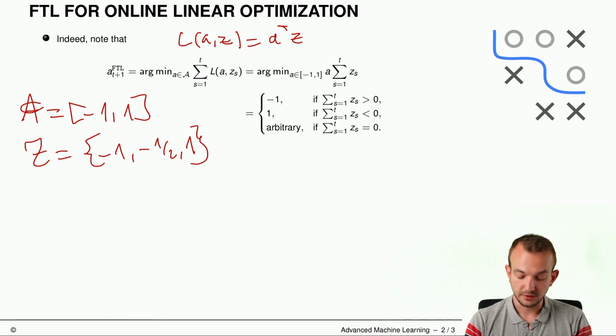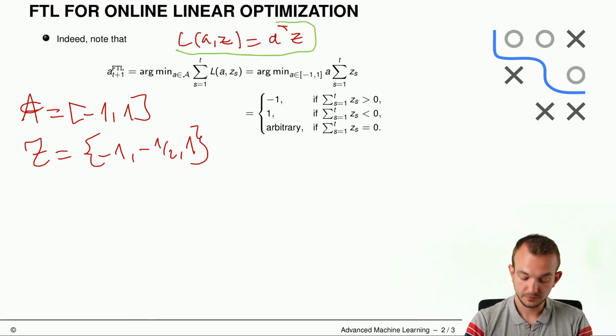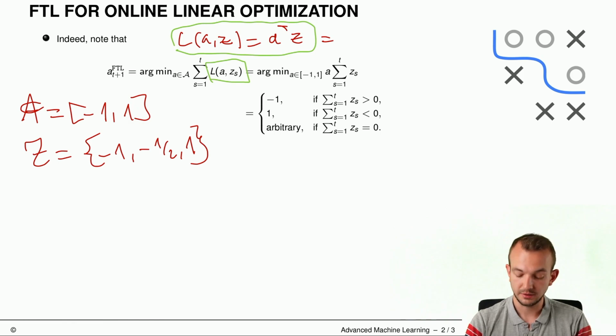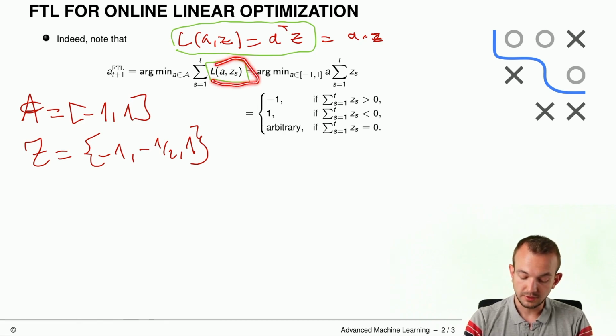Taking these things into account, we can plug in the definition of the loss function, taking into account that we are in the one-dimensional case, so A is one-dimensional, Z is one-dimensional, and this inner product is simply multiplying A with Z. So if we plug this in here, we would have A times Z_s.